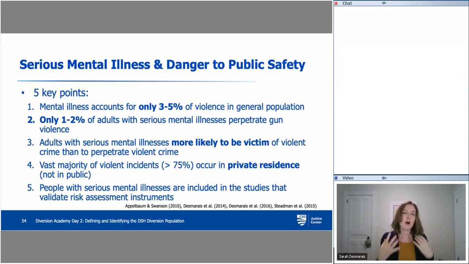So all of those first 4 points are really talking about that connection with this idea of danger to public, and that the threshold of unreasonable danger to public safety is actually quite high.